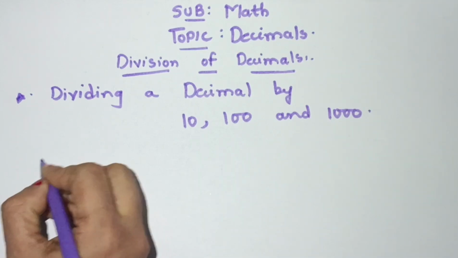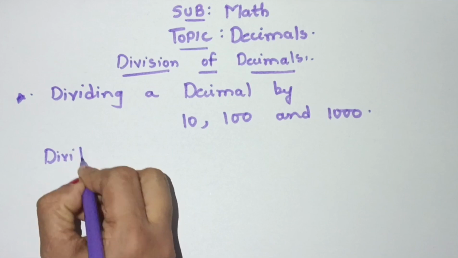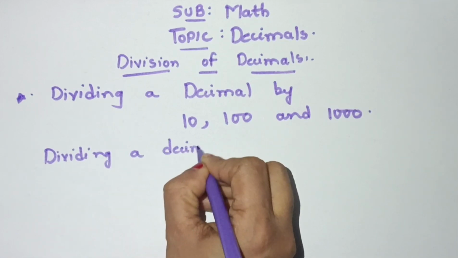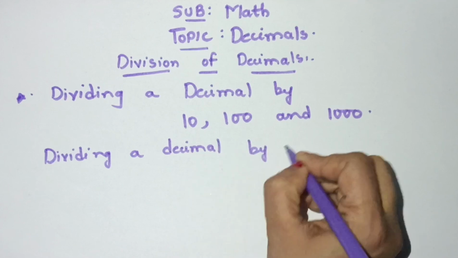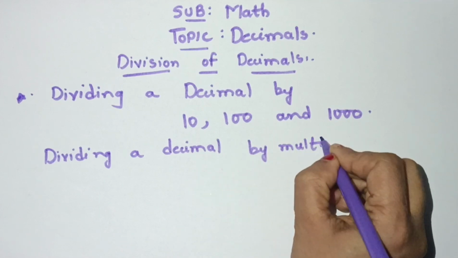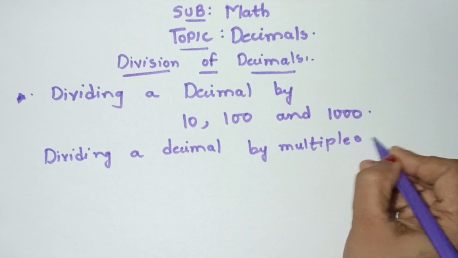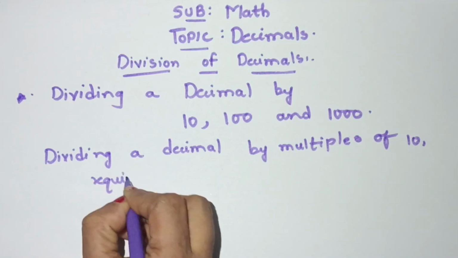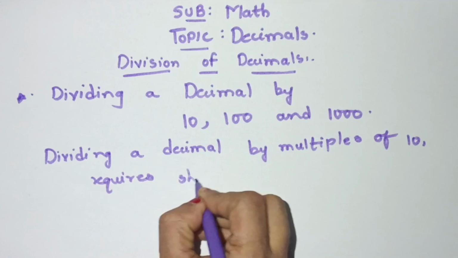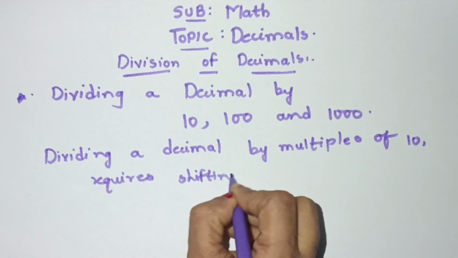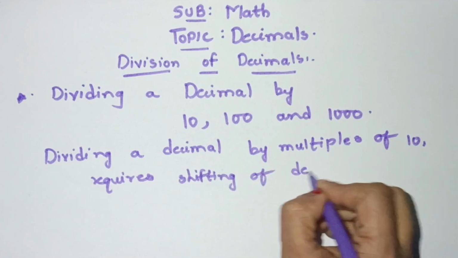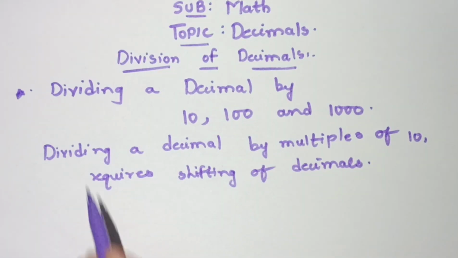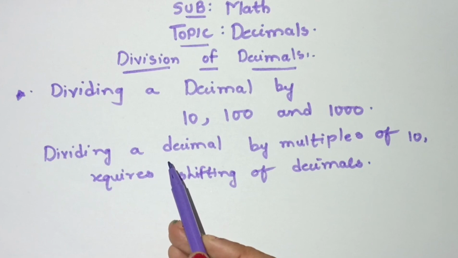Now, dividing a decimal by multiples of 10 requires shifting of decimals. Now in the previous session, what we saw, multiplying a decimal by what?